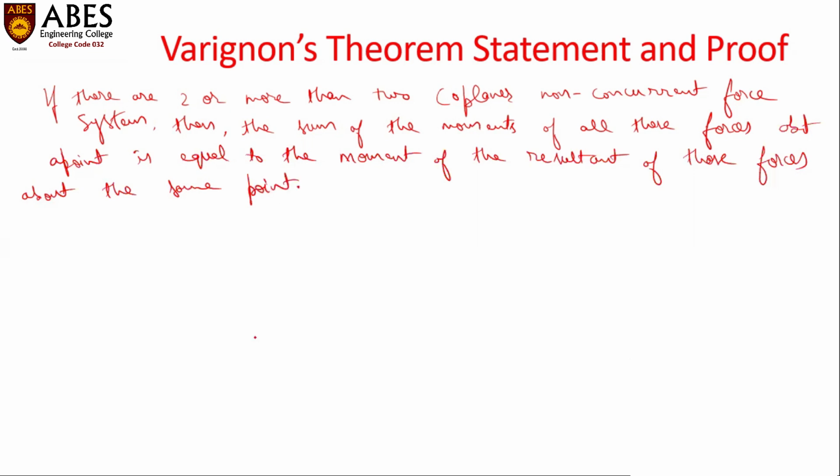If there are two or more than two coplanar non-concurrent forces, then the summation of the moments of all the forces about any point is equal to the moment of the resultant of those forces about the same point.